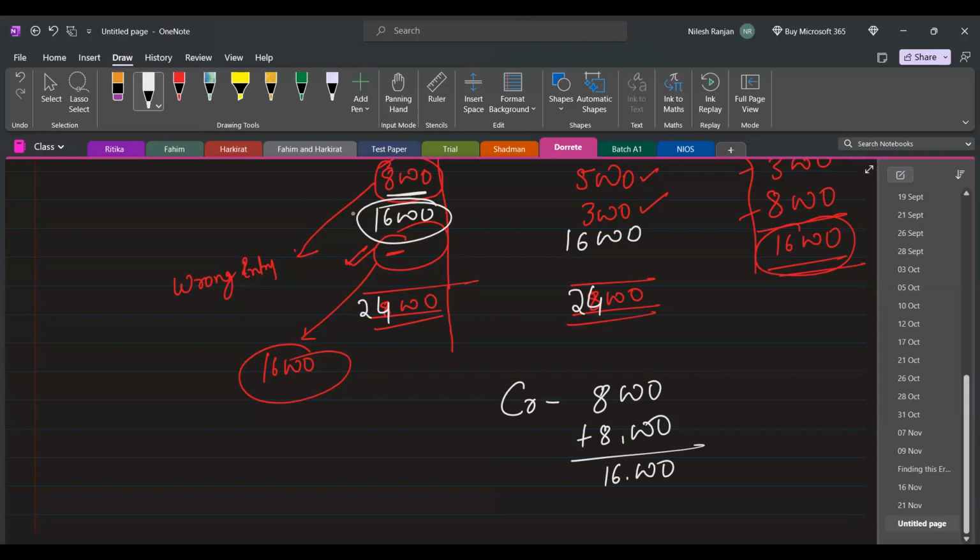Is this clear? So what should we do in case of wrong side posting? You have to write double the amount of error in the opposite side of error.